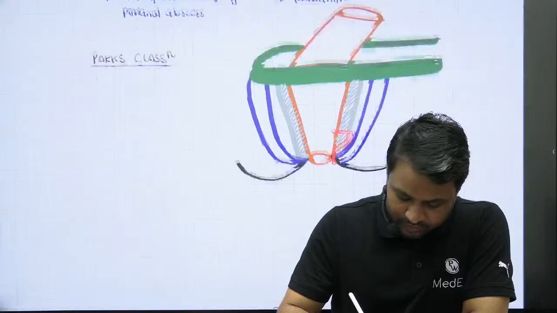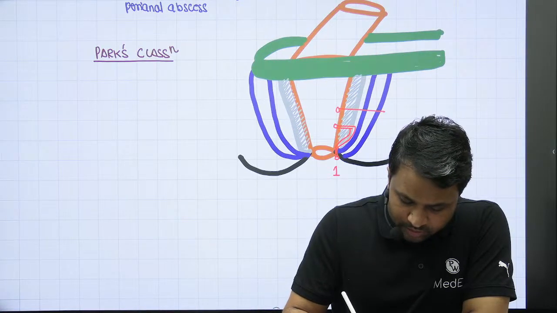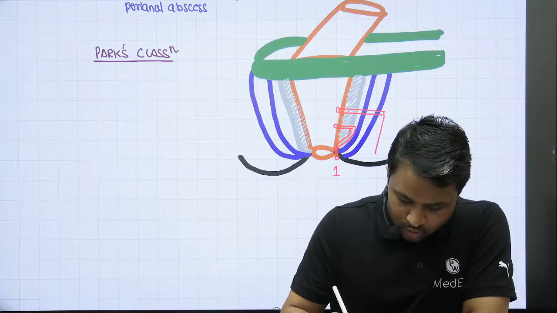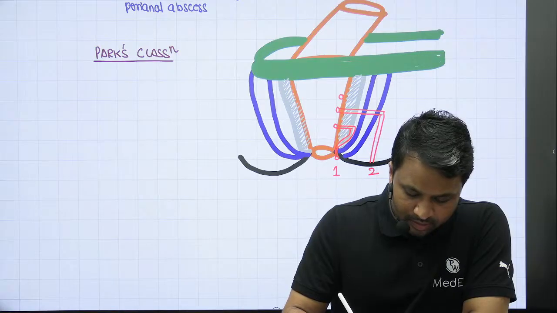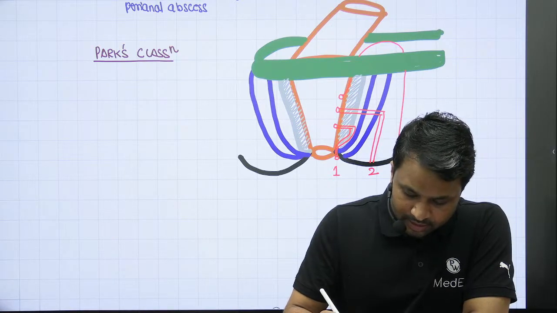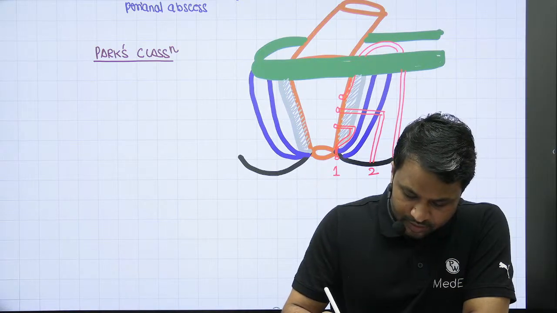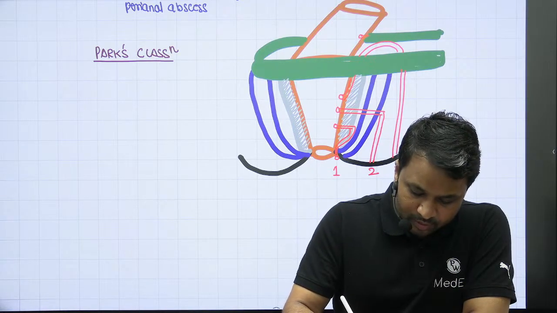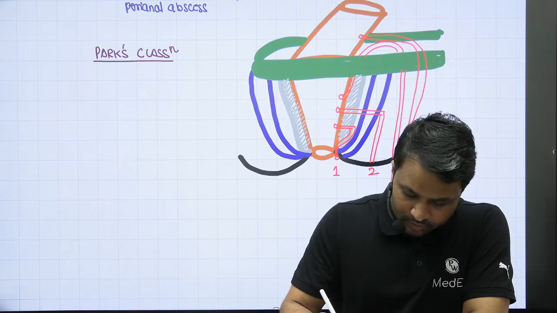In the second variety, it pierces both the internal and the external sphincter, opening onto the perianal skin. In the third variety, the opening is in the inner half, but the tract goes above this and then comes down like this. This is what we call suprasphincteric. And then one that starts from the rectal mucosa and opens across here is your fourth variety.